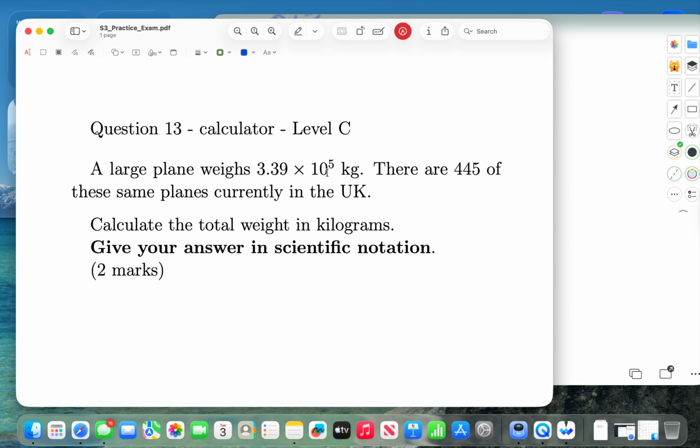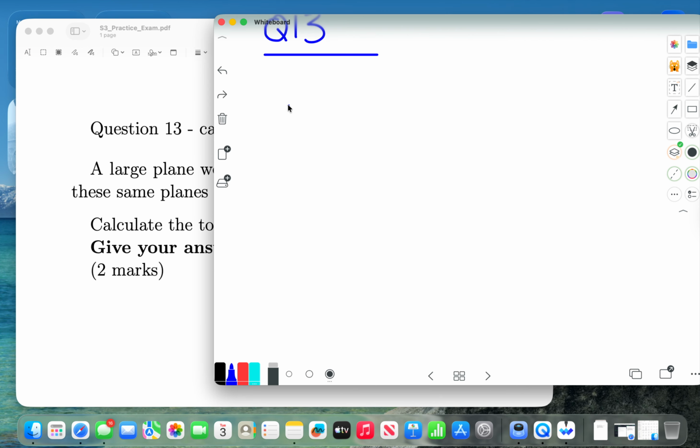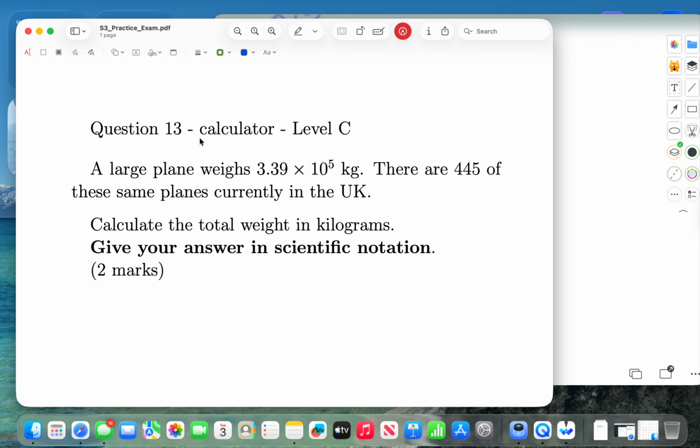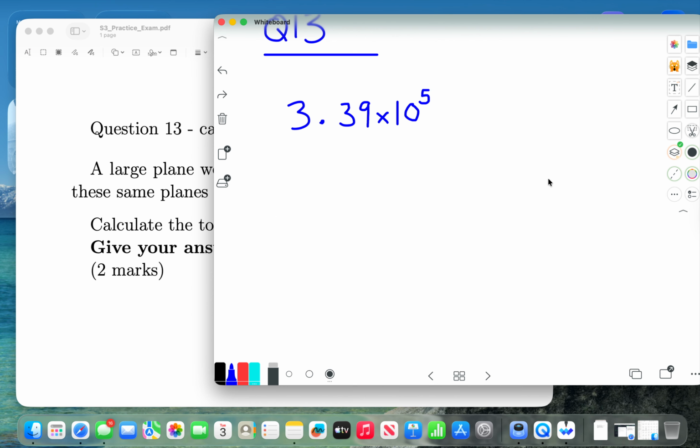So we have the weight of one plane, which is 3.39 times 10 to the power of 5. And we have to multiply this by 445, the number of planes, to get the weight of all of the planes in total.